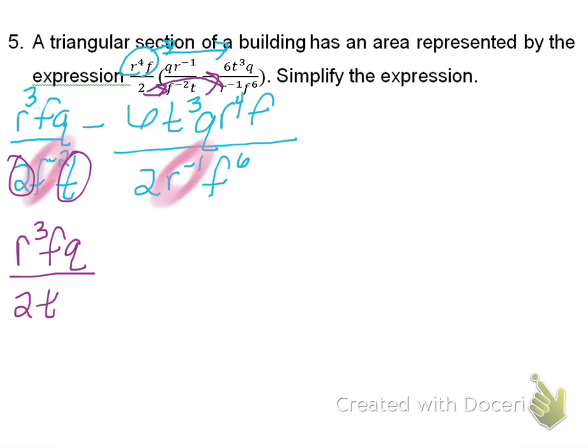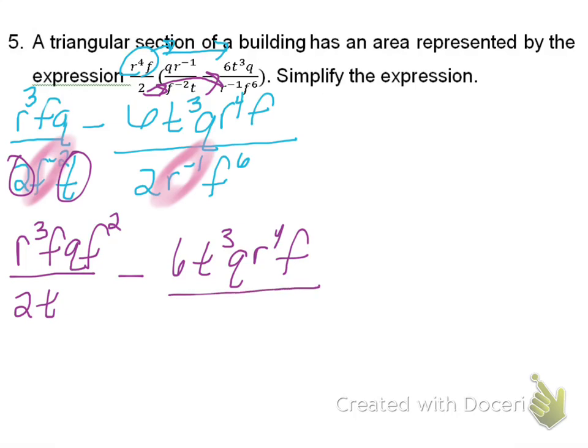And then the f squared is moving to the top. So I'm just going to add it on to the top. And then in the next fraction, again, everything on the top is staying. So I'm just going to copy it down. 6 t cubed q r to the fourth f. And on the bottom, we're keeping 2 and f to the 6th power. But this r is going to be moving to the top, r to the 1st power.